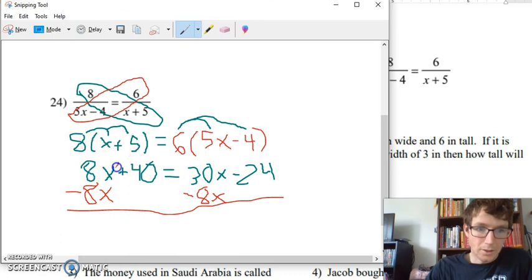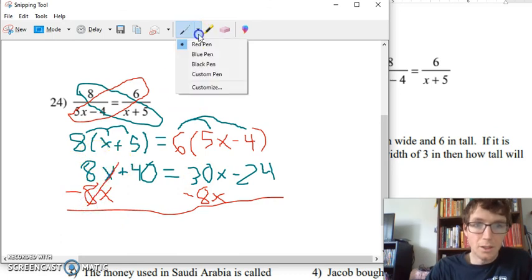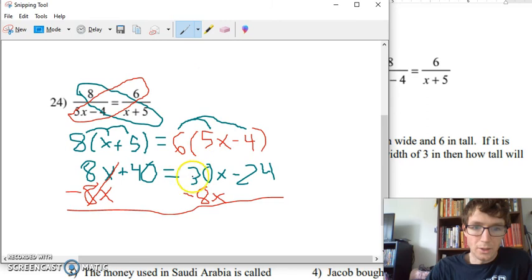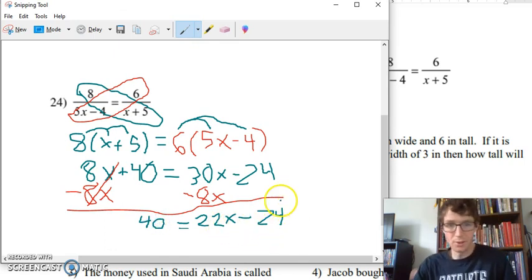Okay, so it cancels on this side. What is 30 minus 8? That'll give you 22x. Okay, so I'm just going to copy down the rest of the equation. Okay, so what we have now is 40 is equal to 22x minus 24.